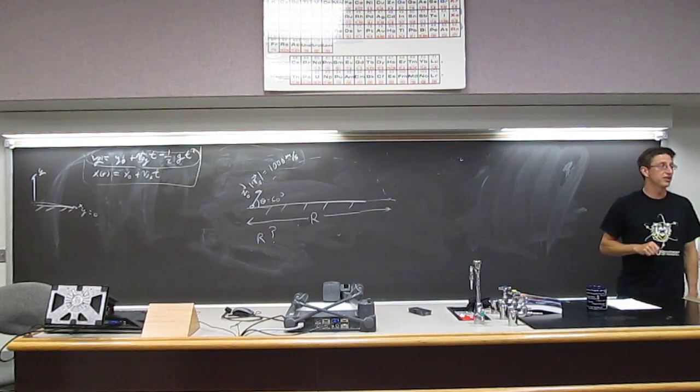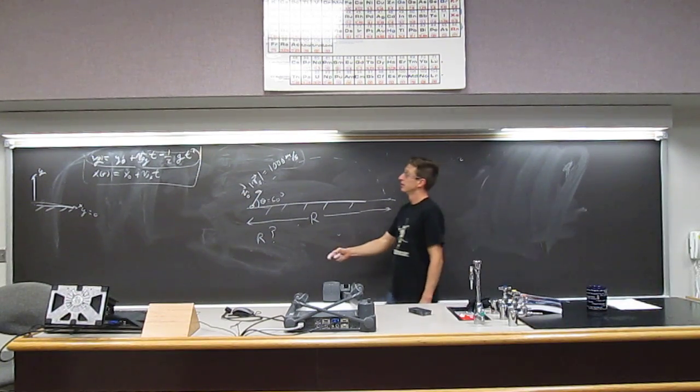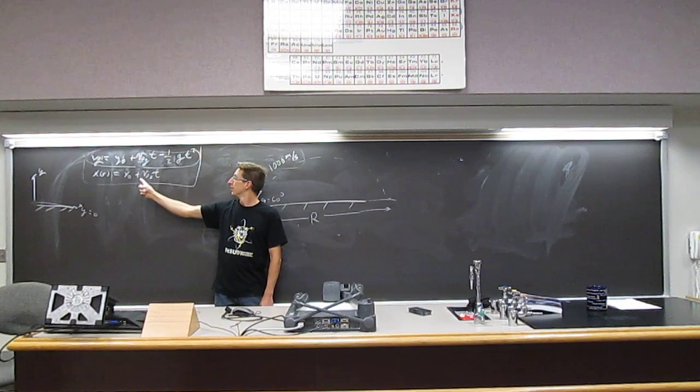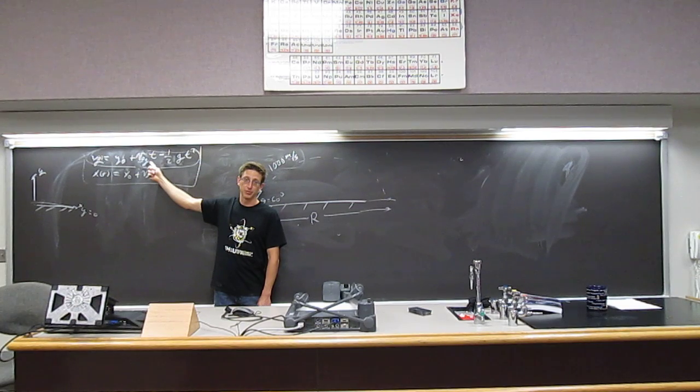Once again, what we're going to do is solve for the time it was in the air from the y equation, plug that into the x equation, and get the range from that. Does that make sense? So find the time that it was in the air from the y equation. Take that time, plug it into the x equation, get the range.